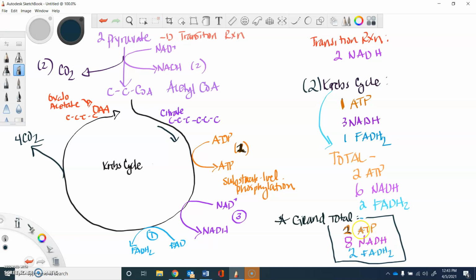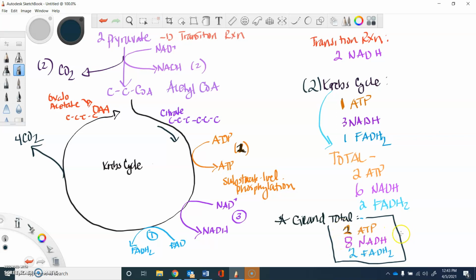All right, but what's more notable is we have all of these electron carriers carrying each one of them 2 high energy electrons. So now we can take those electrons and go over to what we call the electron transport chain.